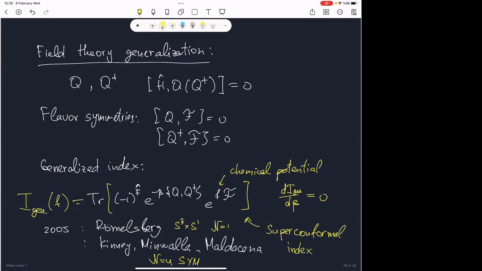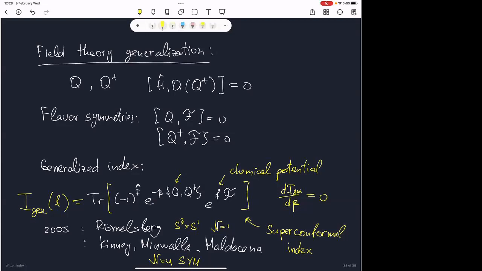Okay, so this is a very interesting object. Why is it interesting from many points of view? Because you can get a lot of information about the theory. Since it's super, the way you compute this index is you plug one supercharge in, so it's related to BPS counting.